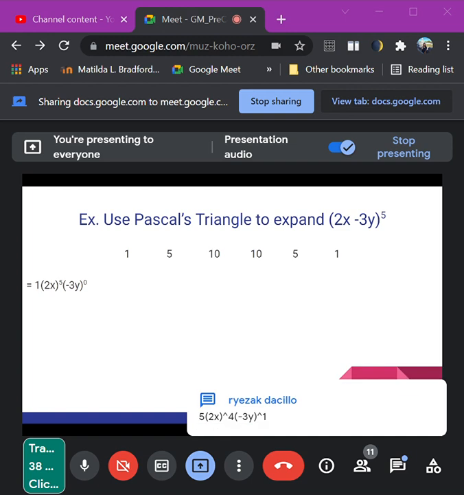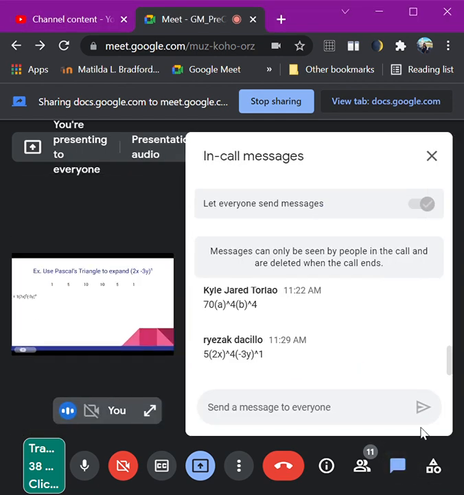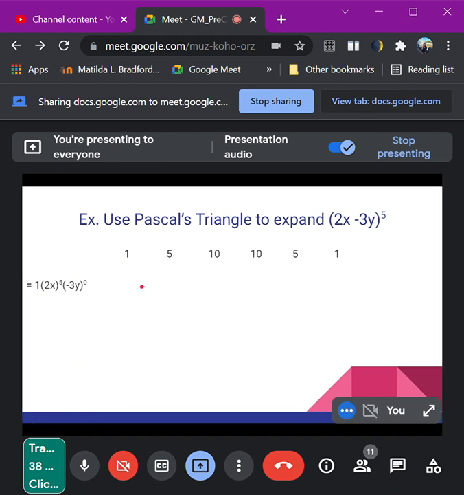We have 5 quantity 2x raised to the power of 4, quantity negative 3y raised to the power of 1. Very good, Desilio.